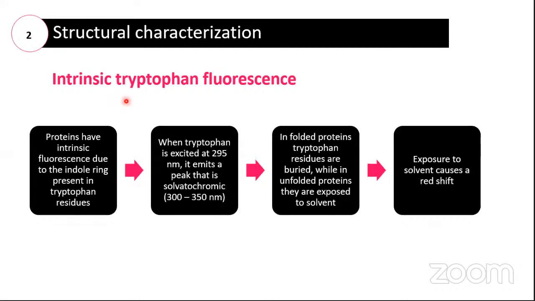When proteins are folded, typically because tryptophan residues are hydrophobic, they tend to be buried within the core of the protein, whereas in unfolded proteins, these tryptophan residues would be exposed to the solvent. We can measure the exposure to solvent by looking at where the emission maximum wavelength is. So if the tryptophans are exposed to solvent, it causes a redshift.